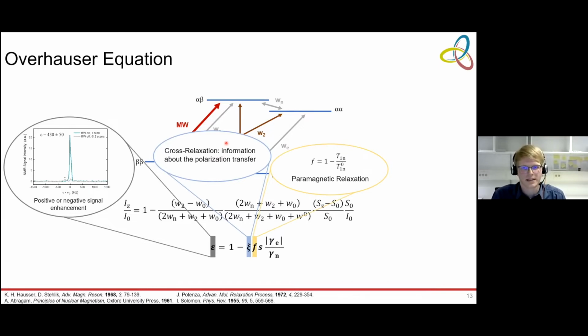Then we have the leakage factor, which tells us how much of the overall nuclear relaxation is channeled through the paramagnetic ingredients, so the radicals, for instance. And last but not least, we have the saturation factor, which determines how well we actually saturate this EPR transition.